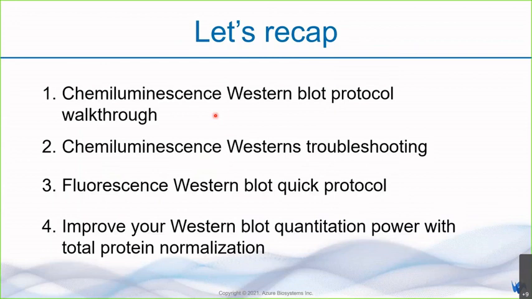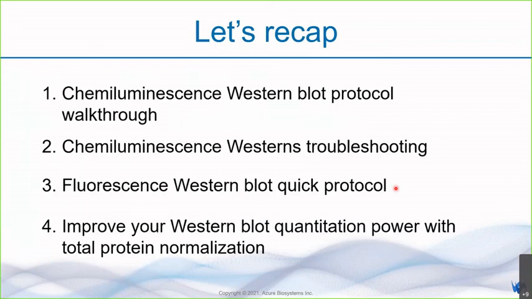Firstly, we walked through the detailed protocol of chemiluminescence Western blot and a few troubleshooting tips for Chemi Westerns, which are quite a normal practice, but it will be very useful if you are new to Chemi Westerns. A quick protocol on fluorescence Westerns, which I didn't go into in detail because there is a lot more to talk about as compared to Chemi Westerns.